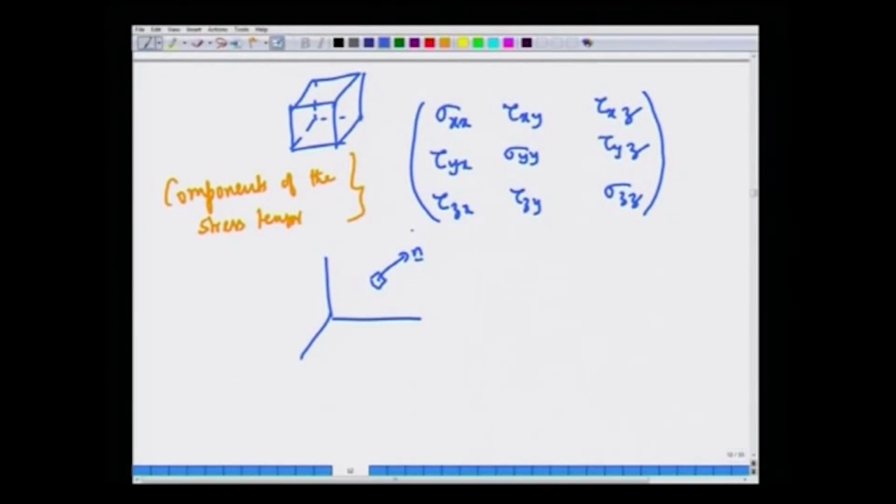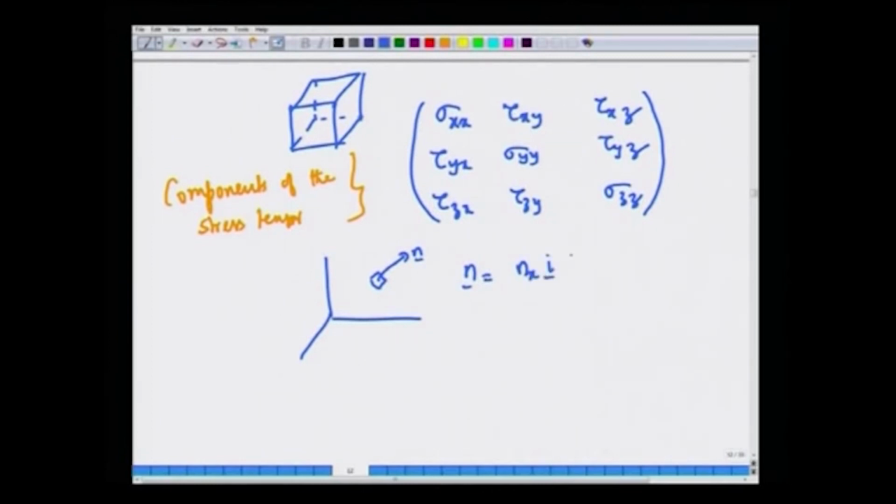So far we have just discussed the stresses acting on planes or surfaces which have well defined unit normals, that is either they are in the plus x direction i, plus y direction j, or plus z direction k. But nothing forces us to have only orientations which are aligned along the coordinate directions. In general, you can have any arbitrary orientation, which is denoted by the unit vector n, which is n x i plus n y j plus n z k.